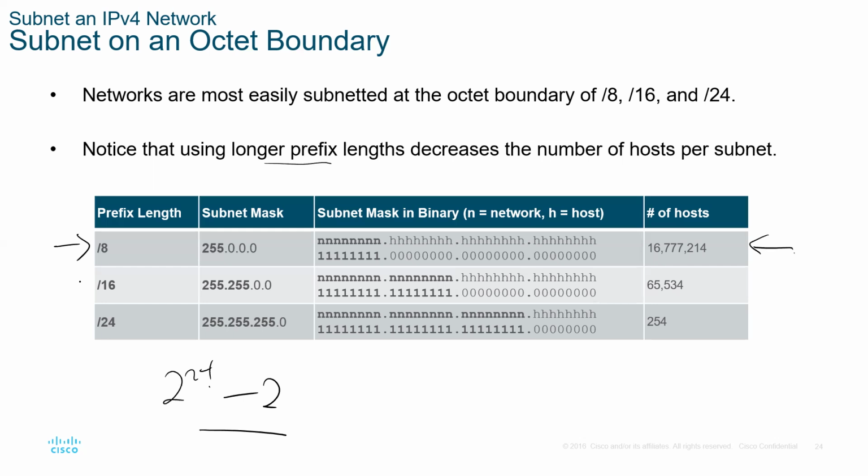If you have a /16, it means 16 bits for the network and 16 bits for the host. 2 to the power of 16 minus 2 gives 65,534 addresses. If you have a /24, 2 to the power of 8 minus 2 gives 254 addresses. So you see, as the prefix length increases, the number of hosts that the network accommodates decreases. Understanding this also helps when choosing a subnet to use.